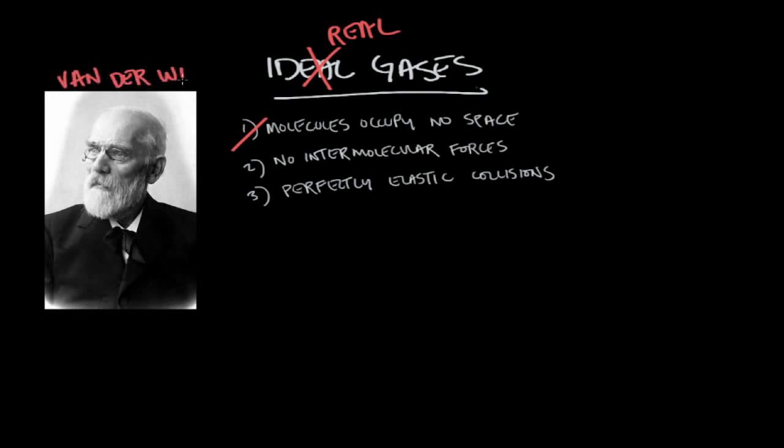He also found that, unlike ideal gases, real gas particles do exert a small amount of force on each other. These forces were named after him; we call them van der Waal forces now. Van der Waal found that the degree to which a real gas deviates from an ideal gas has a lot to do with the magnitude of the intermolecular forces and the size of the particles.